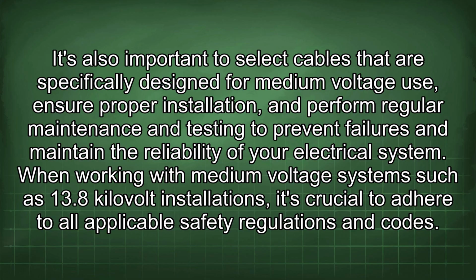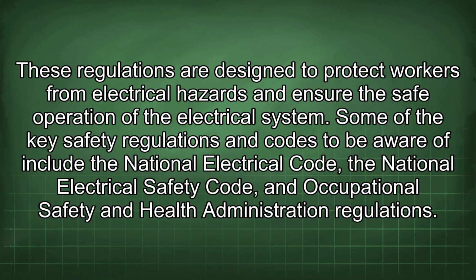When working with medium voltage systems such as 13.8 kilovolt installations, it's crucial to adhere to all applicable safety regulations and codes. These regulations are designed to protect workers from electrical hazards and ensure the safe operation of the electrical system. Some of the key safety regulations and codes to be aware of include the National Electrical Code, the National Electrical Safety Code, and Occupational Safety and Health Administration regulations.